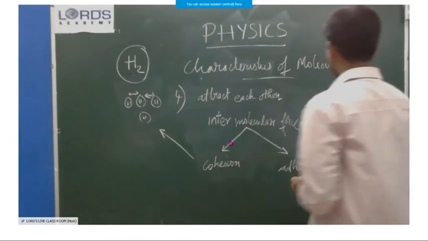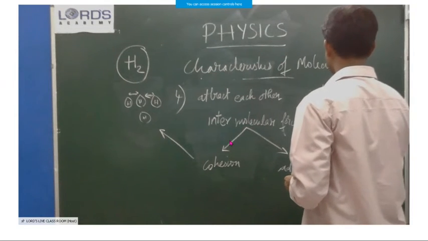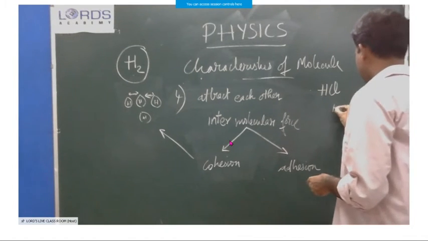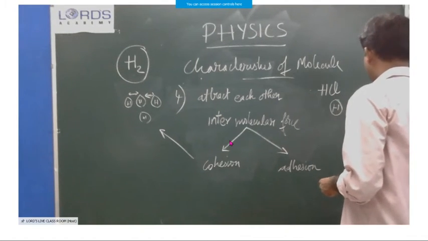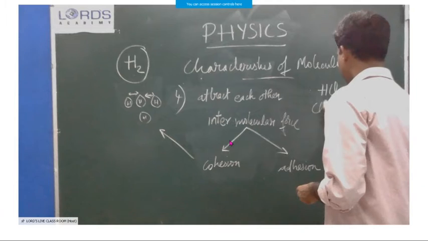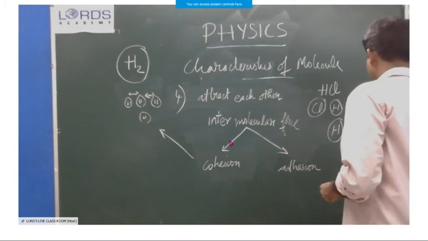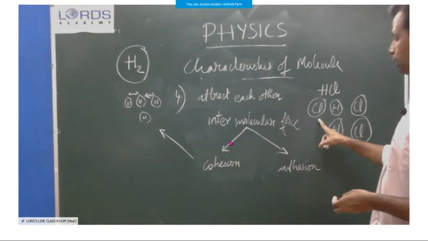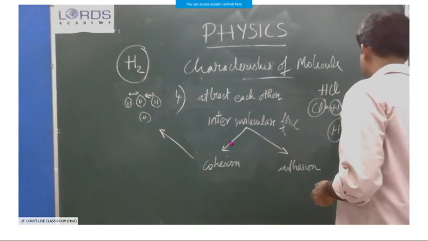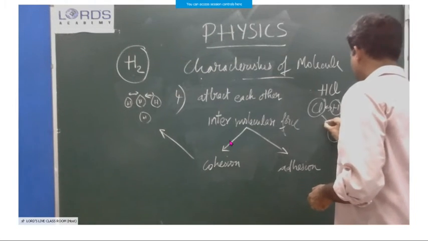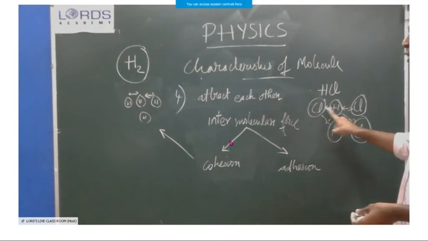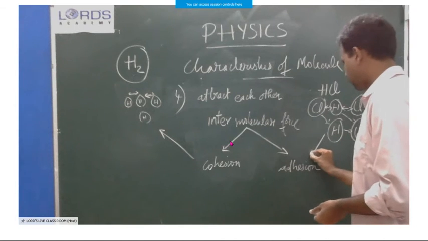Now you consider HCl. In HCl there is hydrogen, there is chlorine, there is another hydrogen, there is another chlorine. Here the attraction between chlorine and hydrogen, the attraction between molecules of different species, is called adhesion.